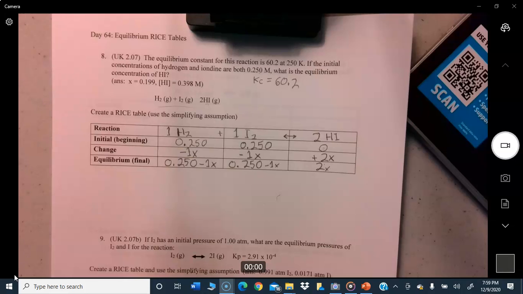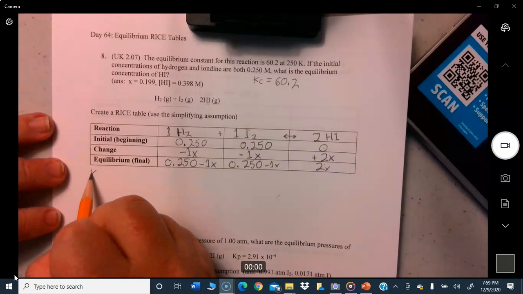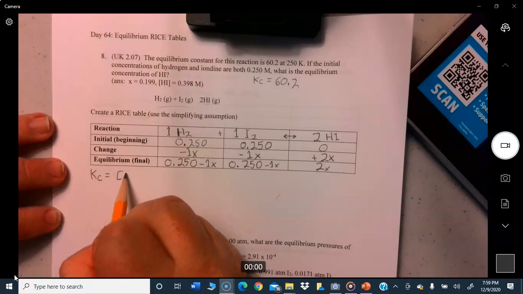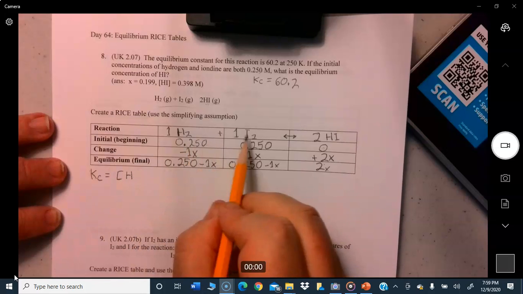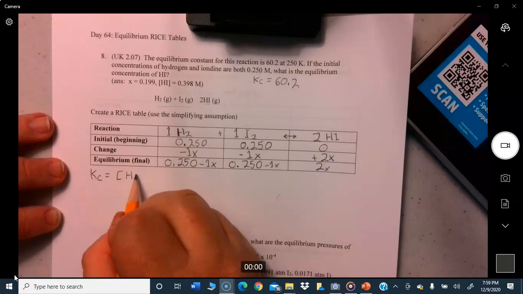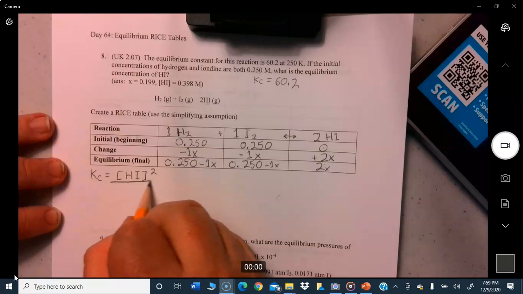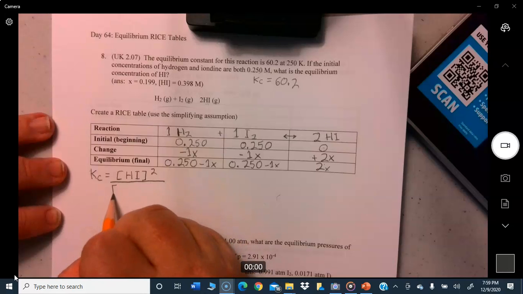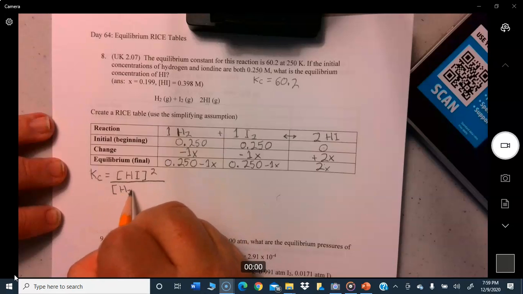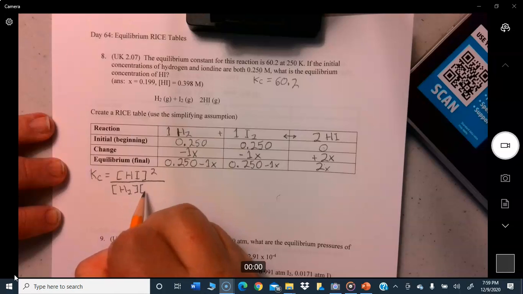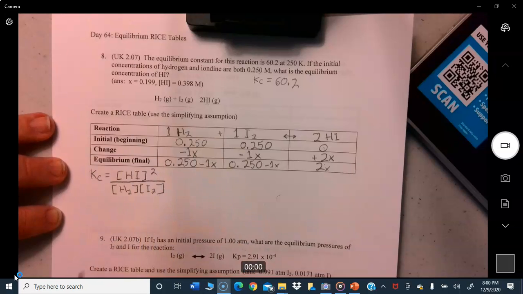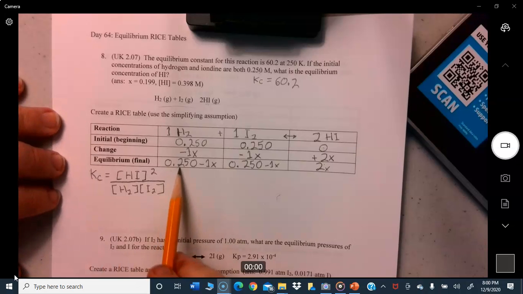Now go ahead and write the law of mass action. First write the general form of it. What I mean is use these up here before you plug in numbers. Okay, now you can plug in your algebraic expressions here.